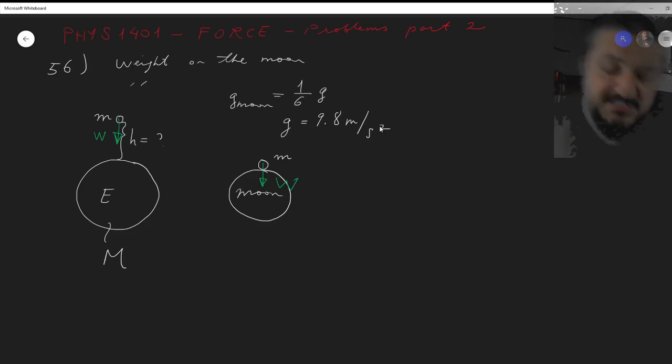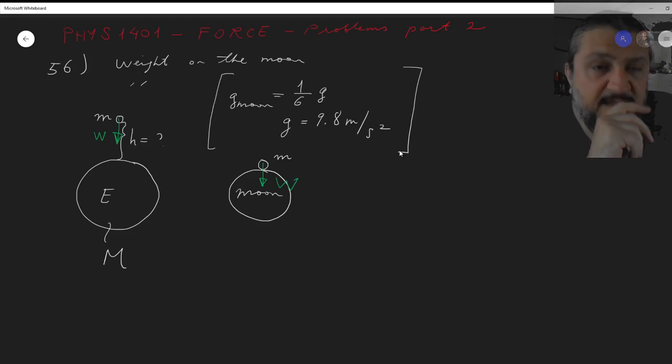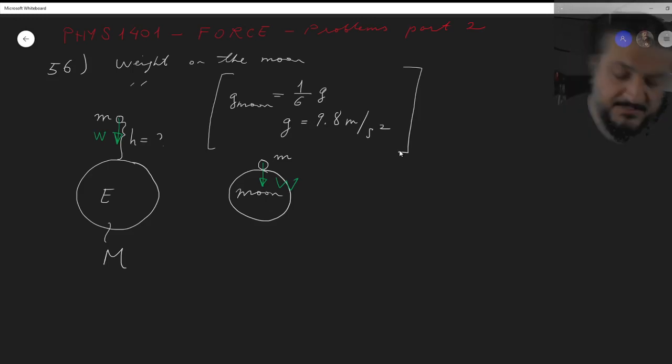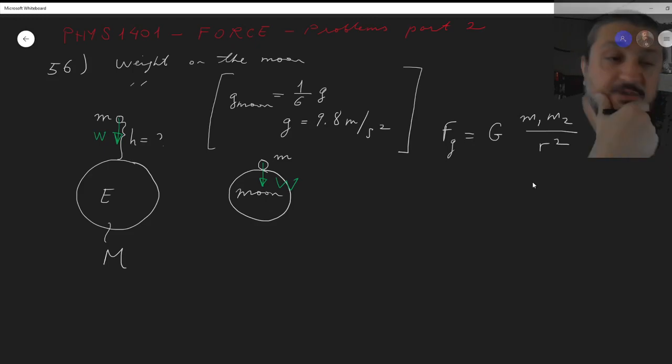Now we can either use this information here, or we can use some astronomical data and just stick with Newton's law of gravitational attraction. Okay, what do I mean by that? We used this formula last time. F is equal to capital G times m1 times m2 divided by the square of the separation of the centers of mass. All right.